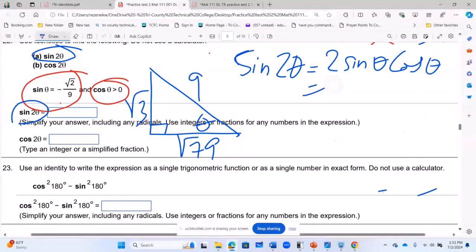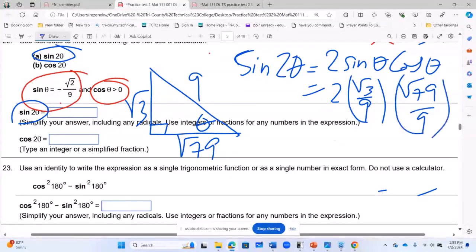So 2 multiply sine theta, opposite over hypotenuse, that is root 2 over 9. Cosine of theta is adjacent over hypotenuse, root 79 over 9. And then I'll simplify and get your answer. Leave your radicals the way they are.